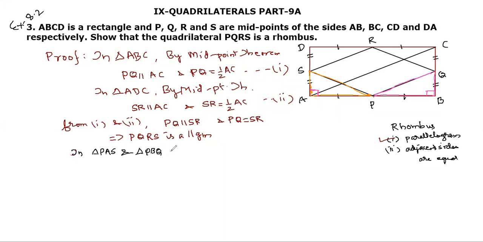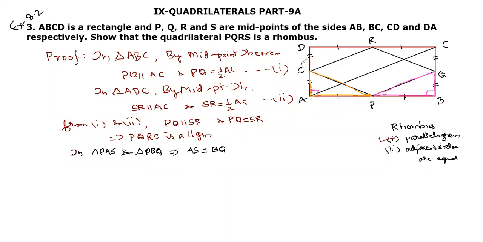In these two triangles, by side angle side, AS of this triangle is equal to BQ, because these are the sides.